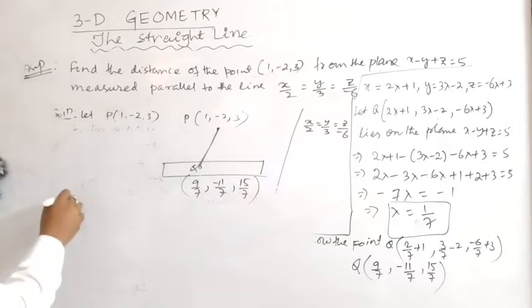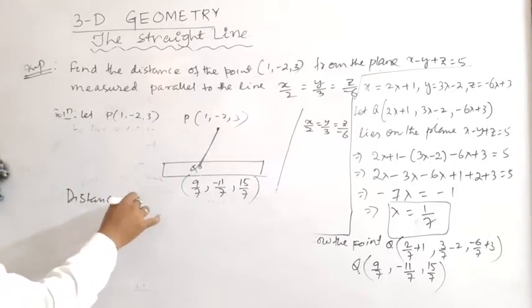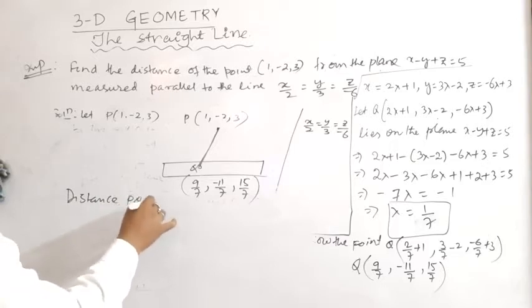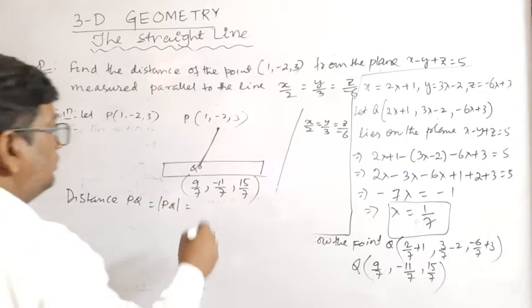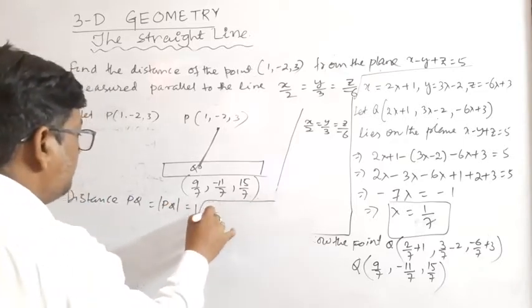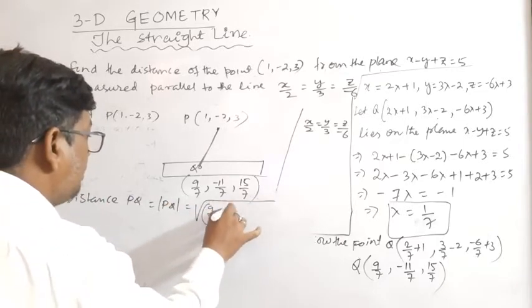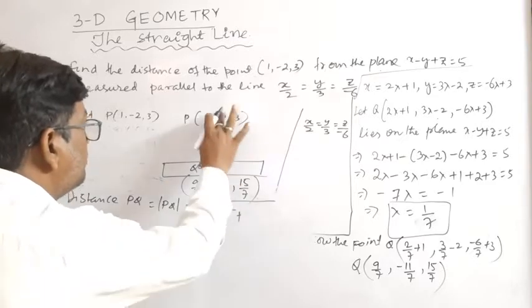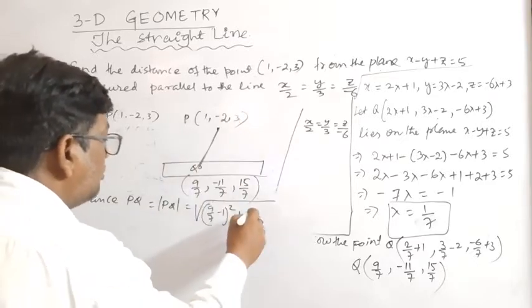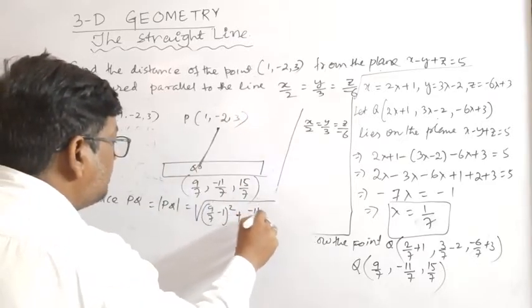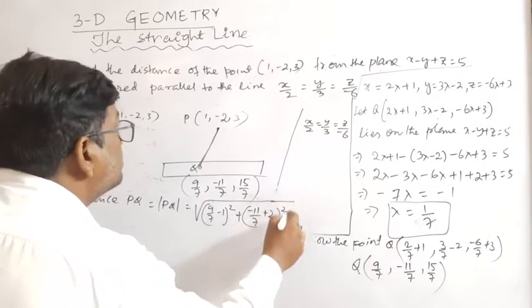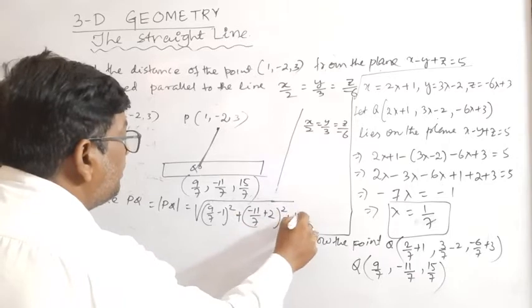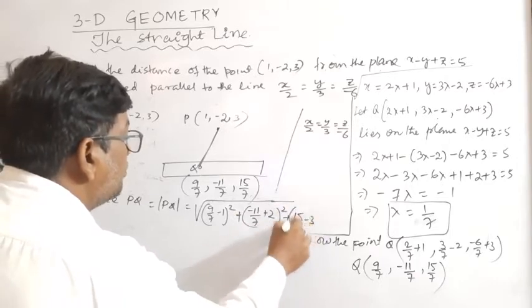So distance PQ is equal to root of (9 by 7 minus 1) whole square plus (minus 11 by 7 plus 2) whole square plus (15 by 7 minus 3) whole square.